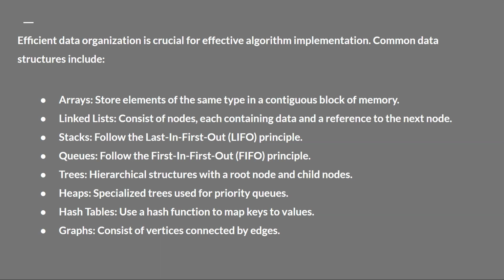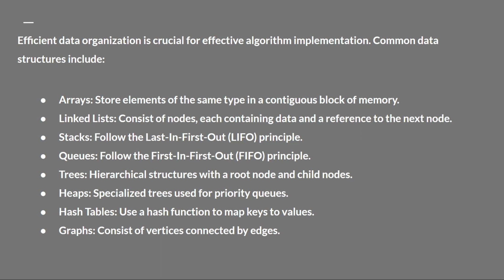Linked list: it consists of nodes, each containing data and a reference to the next node. Stacks follow the last in, first out principle. Queues follow the first in, first out principle.